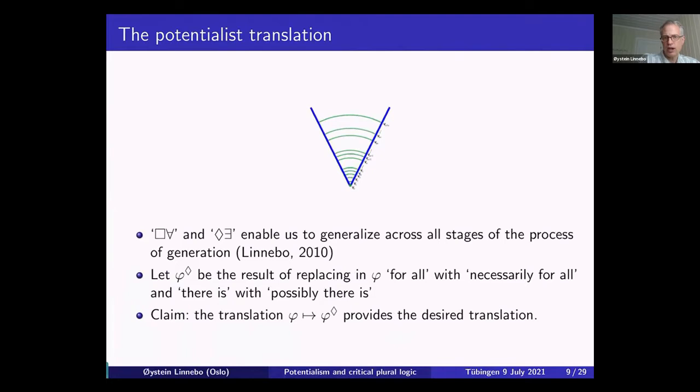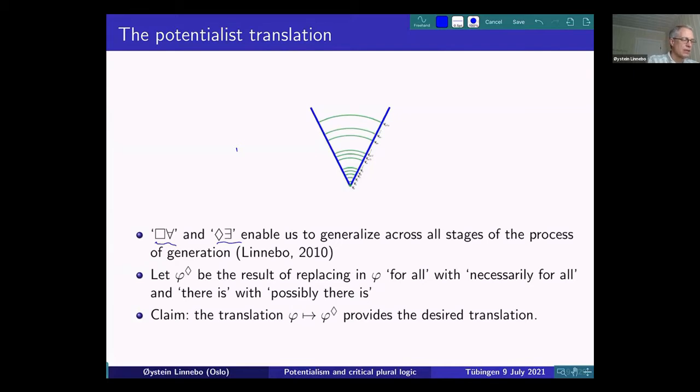So the first factor is translating from the non-modal language into the modal language. The translation I favor and find very natural for these purposes is something I call the potentialist translation. The idea is that you can use "necessarily for all" and "possibly there is" to generalize across all stages of some process of generation. Right? So across all stages of one of these potentially infinite domains.